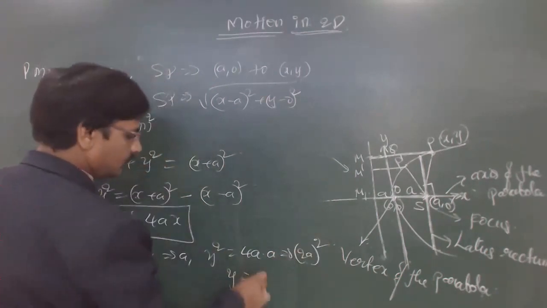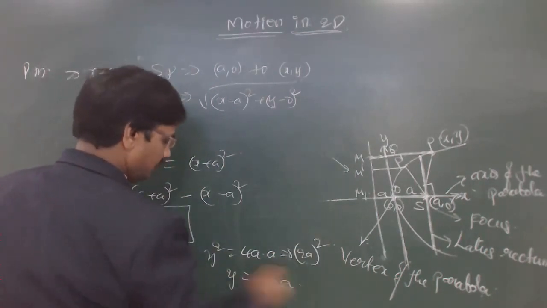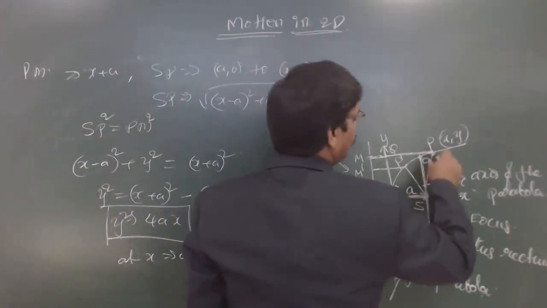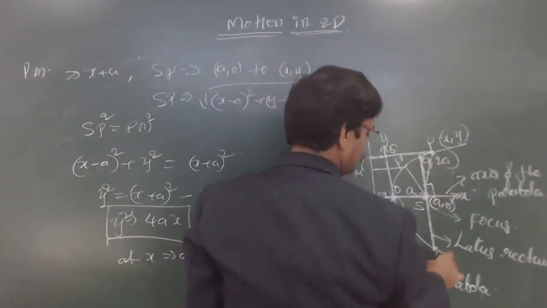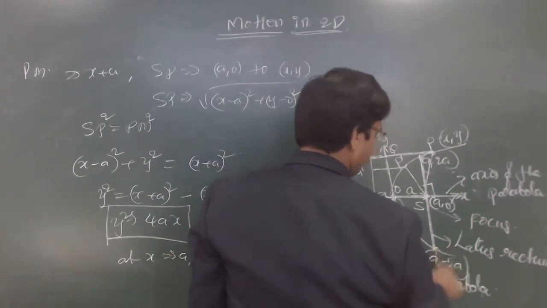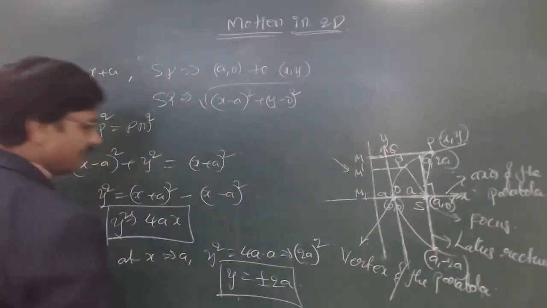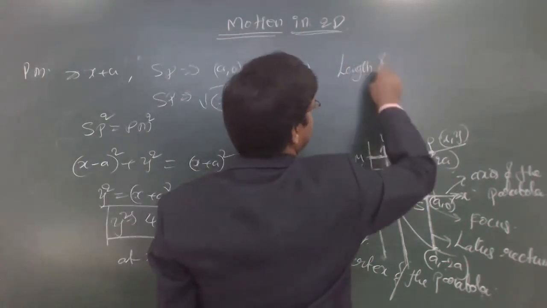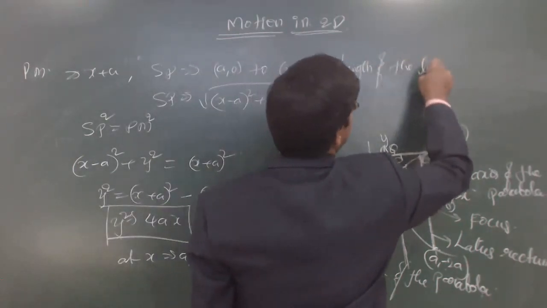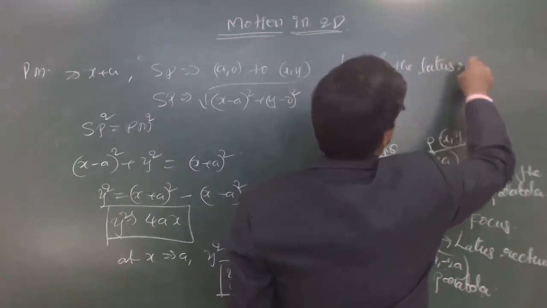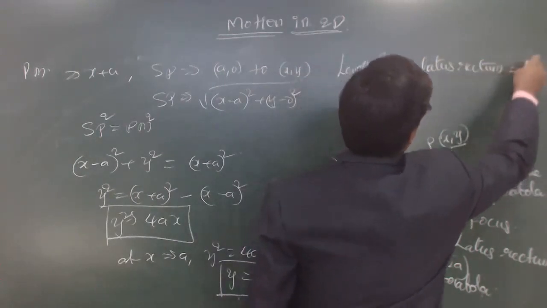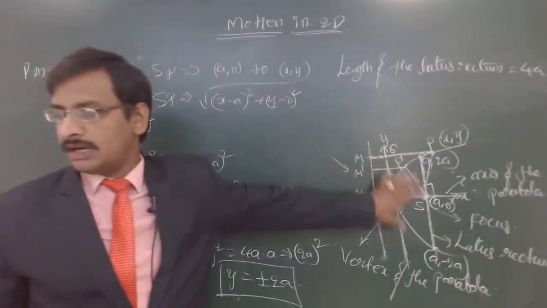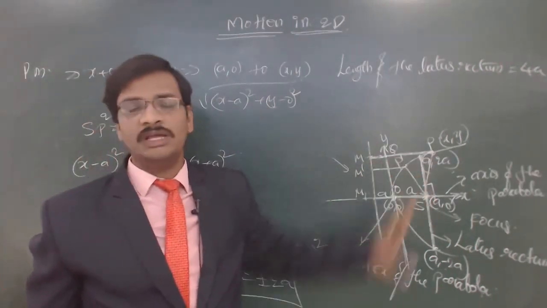Then y equal to plus or minus 2a, so this point is (a, 2a) and this point is (a, minus 2a), and the height is nothing but the length of the latus rectum. Length of the latus rectum is 4a. Got it? So this height and this height, the sum of these two will be 4a.